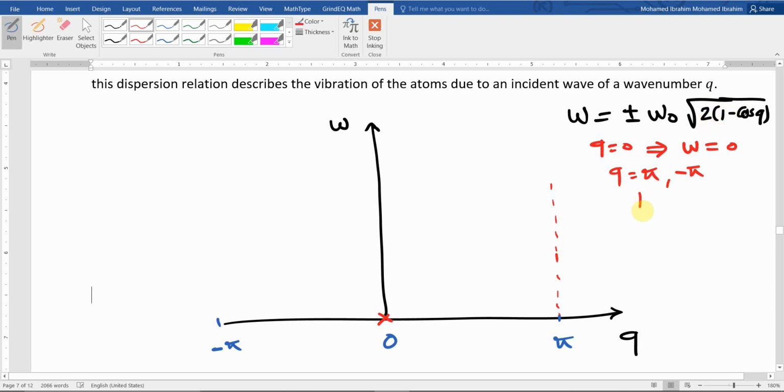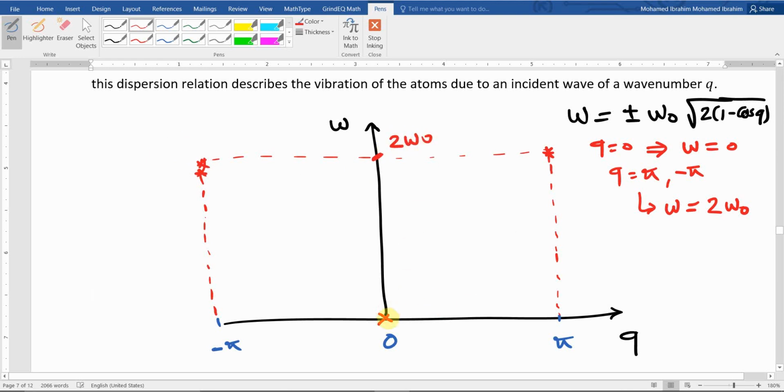Forget about the plus or minus for now, so omega will be 2 omega 0. So when q equals pi and negative pi, we end up with two identical values over the same line, at 2 omega 0.